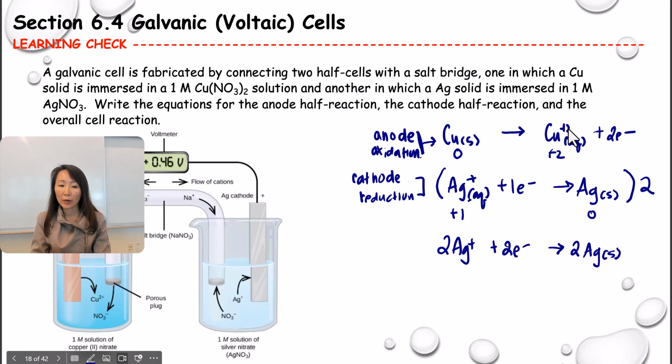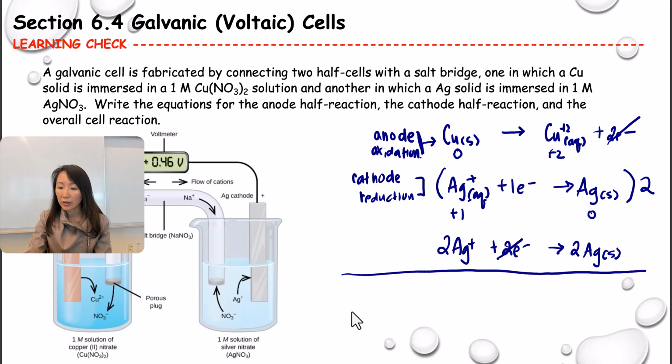Now we can go ahead and take the overall reaction of this. If you look at the top one and the bottom one, we can cancel out the 2 electrons like this, and rewrite the overall reaction below.